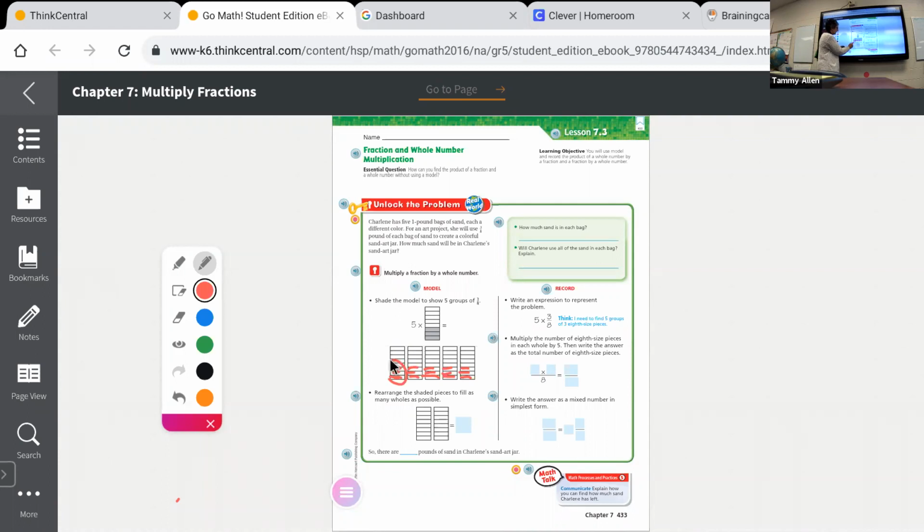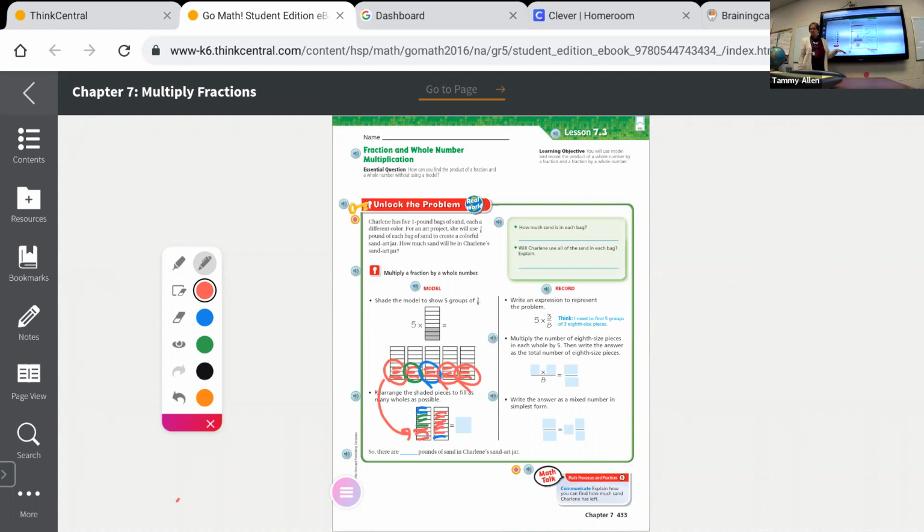So these 3 come down here. These are the next 3. These are the next 3. These are the next three. These are the next three. Does that make sense?